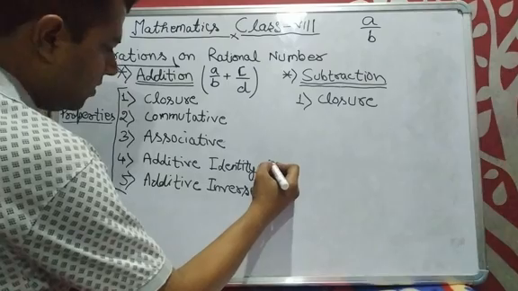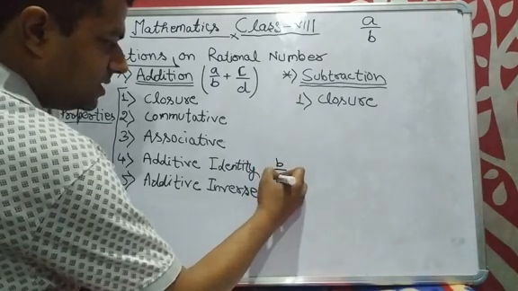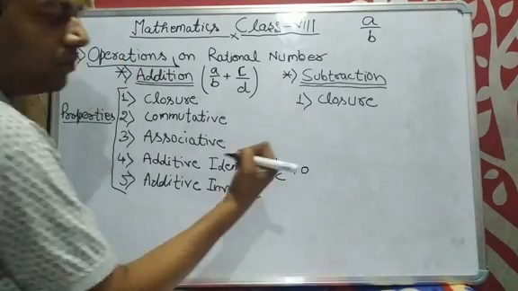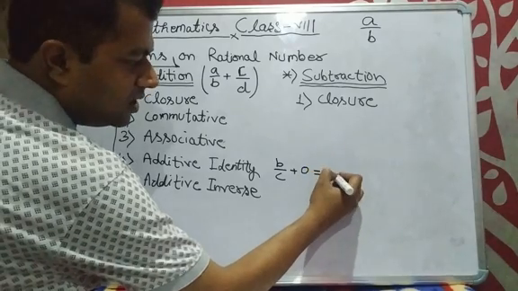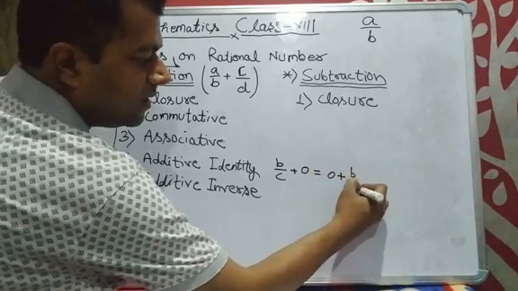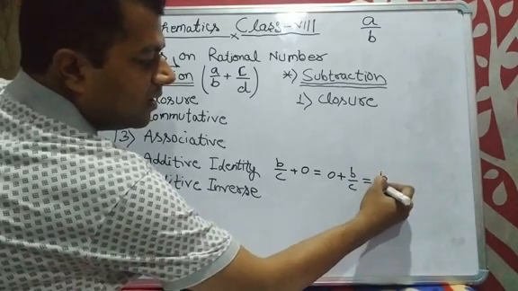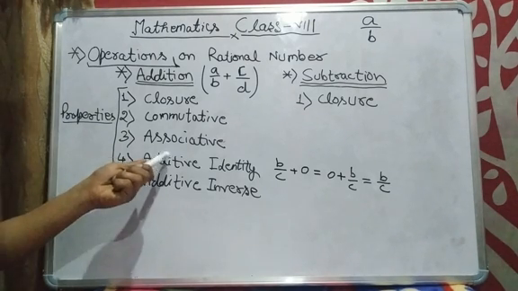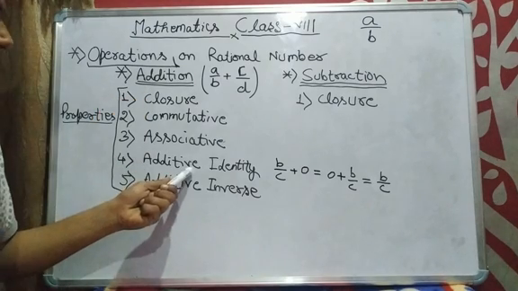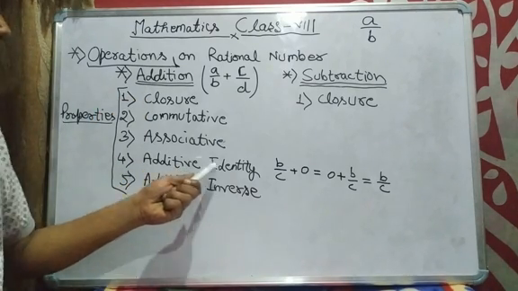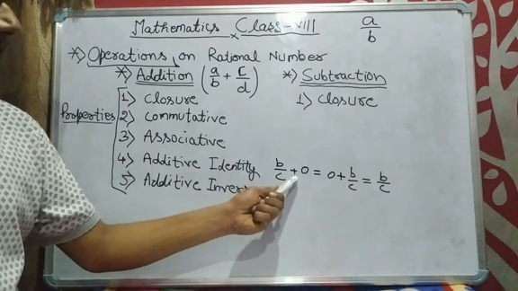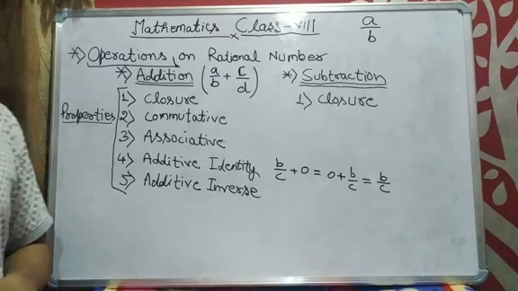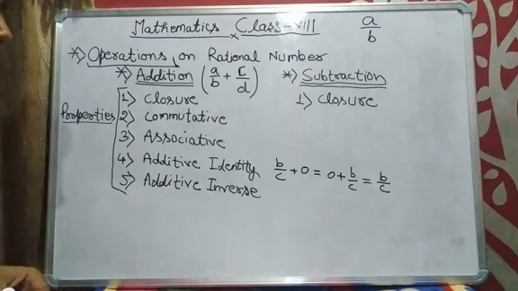Take any single rational number, let's say B upon C. B upon C plus 0 equals 0 plus B upon C, and we get the same result, B upon C. Hence we can say a rational number has the additive identity if that rational number is added to 0, or 0 is added to it, and the result remains the same as that particular rational number.